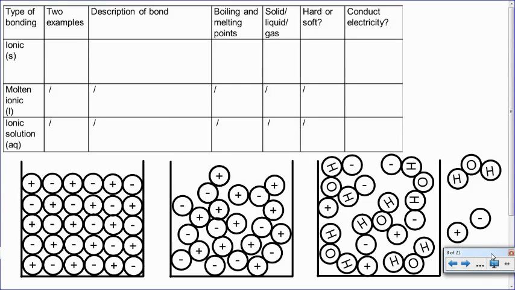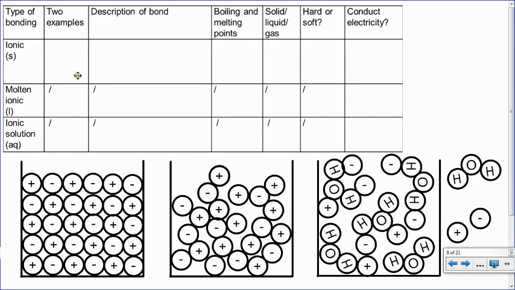Okay, so if we look at the first three rows of the table, we've got ionic solid, which is shown here, ionic molten, which is just melted, so it's been heated up to form a liquid, and then we've got an ionic solution here, and you can see there's water molecules in here, and they've got the ions around attached to them.